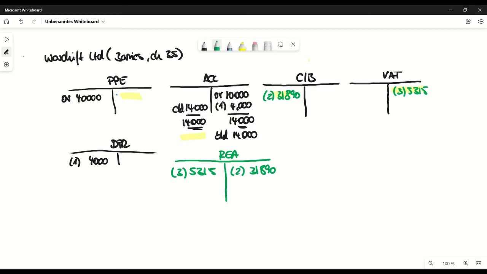And then we take the car out of the books, which means we have to make a credit entry in the property, plant and equipment account, which means we actually close off the property, plant and equipment account to the realization account. Next, I make a debit entry in accumulated depreciation and I credit the realization account.